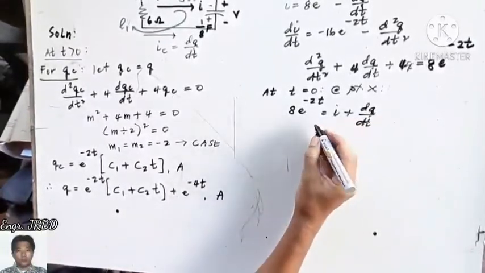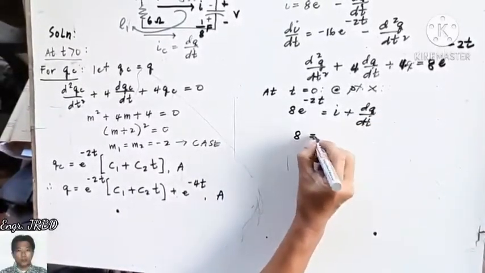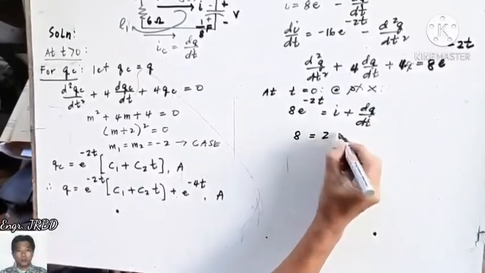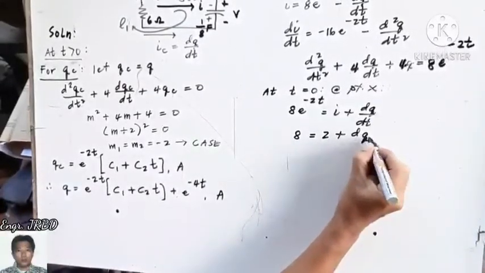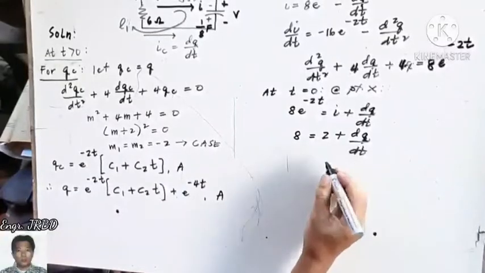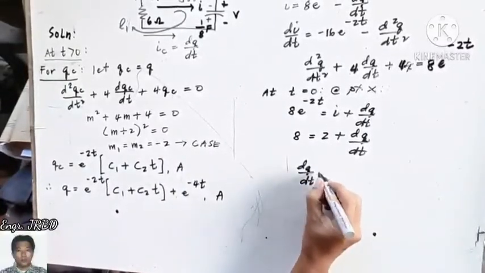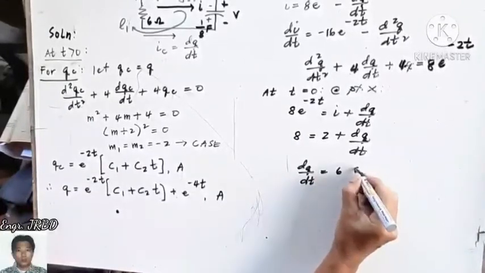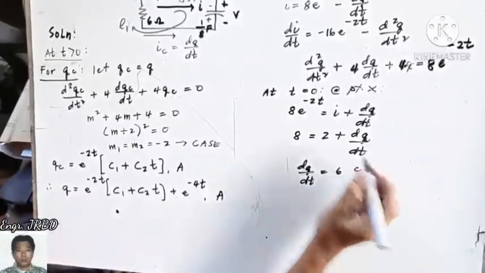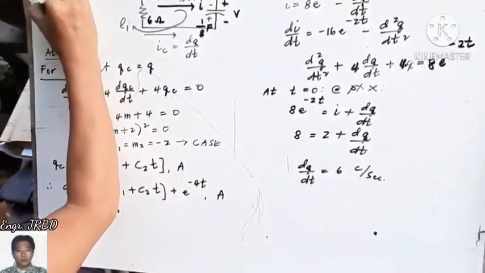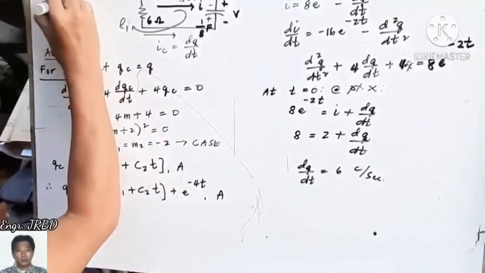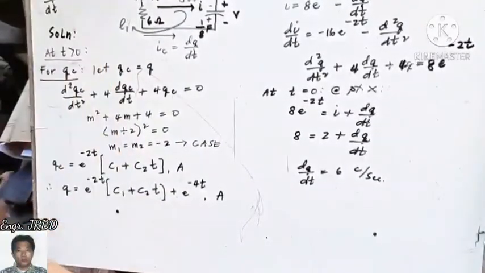So at time t equals 0, this is 8 equivalent to I, that is 2, plus the derivative of q with respect to t. So you will now have the derivative of q with respect to t being 6 coulombs per second. Okay, so dq over dt is equivalent to 6.